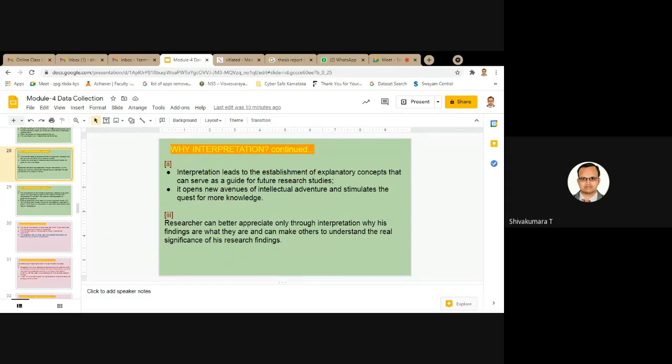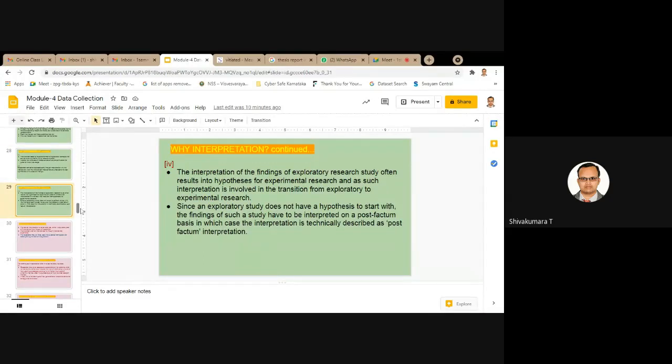It is not comparable because individual research is different: their interest, their topic, their methodology, their collection, their interpretation, implementation. Everything may be connected somewhere, but the process and the steps might be different. Okay, this is the third reason for interpretation.